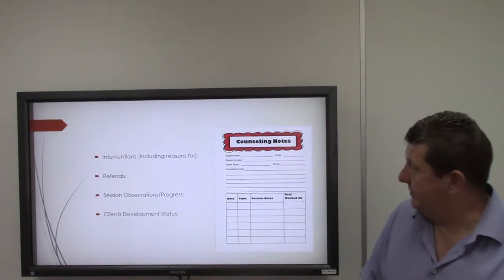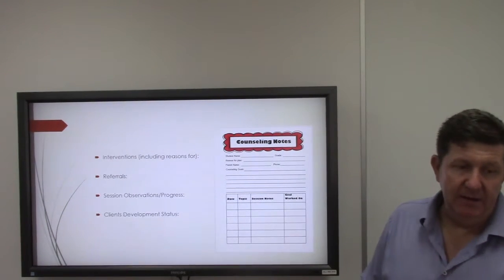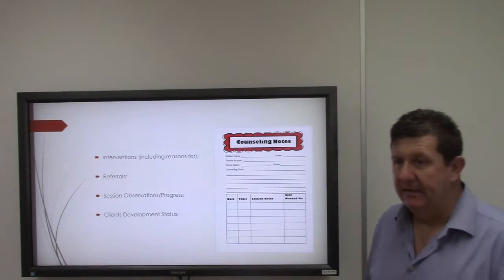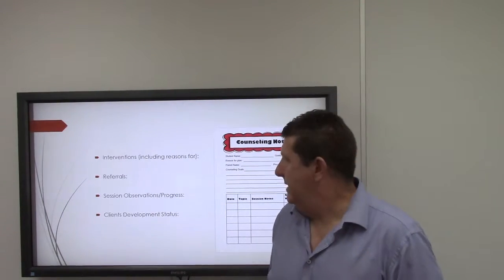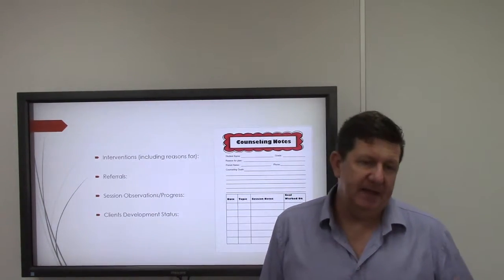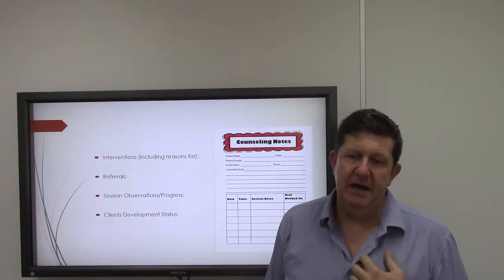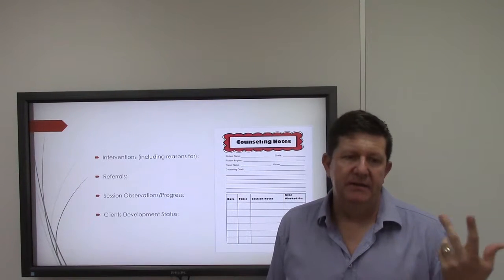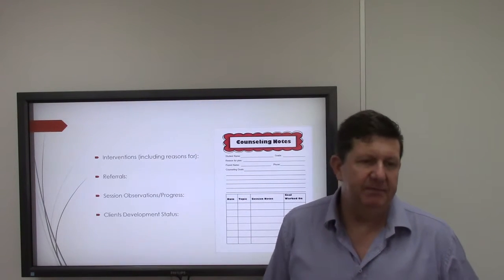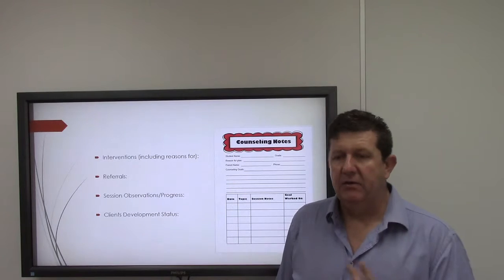Client's developmental status. If you speak to the client and you look at the developmental status, lifespan, that sort of stuff, you can say elderly person, she's very anxious, so I would say that security might be an issue to her in growing up.